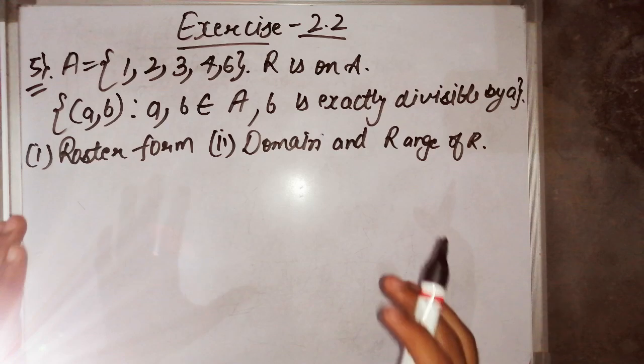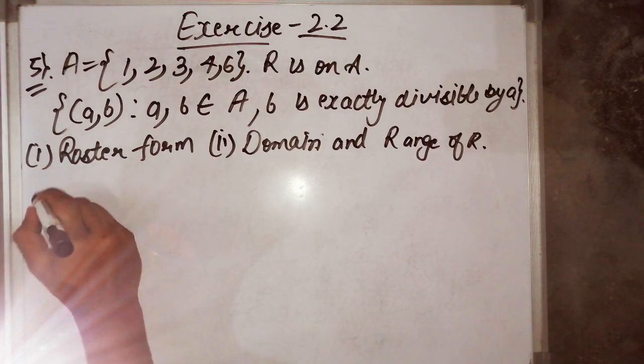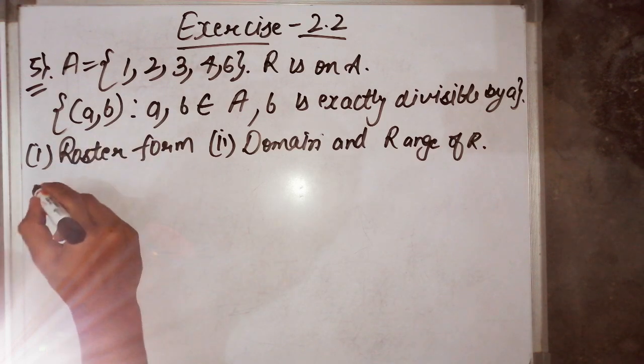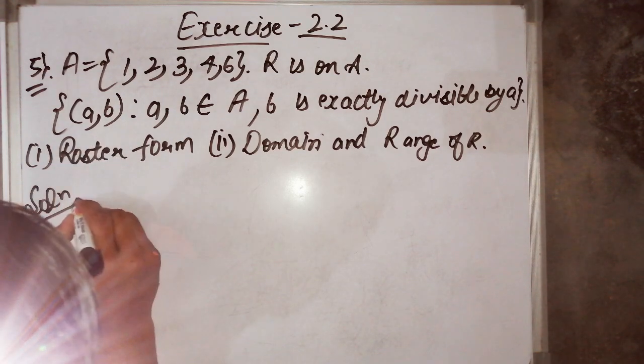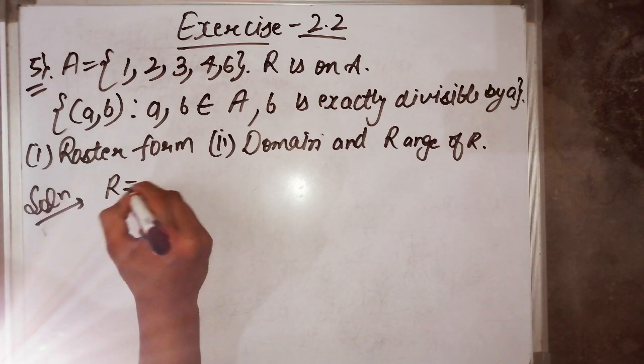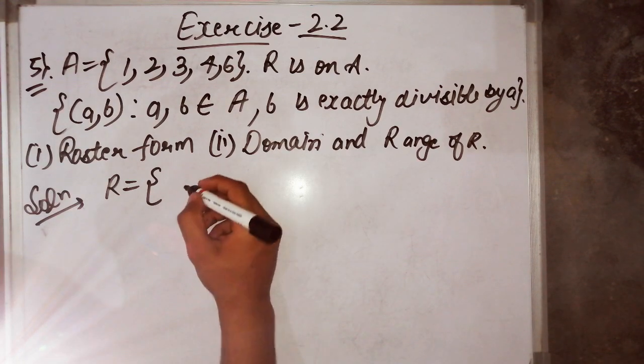We need to find out relation from A set to A set such that b is exactly divisible by a. Okay, now let's see. First of all, let's write down the relation. Let me write down the solution here so that confusion becomes less. Let's write down the solution relation in roster form.